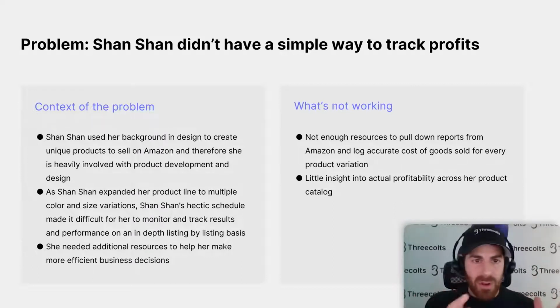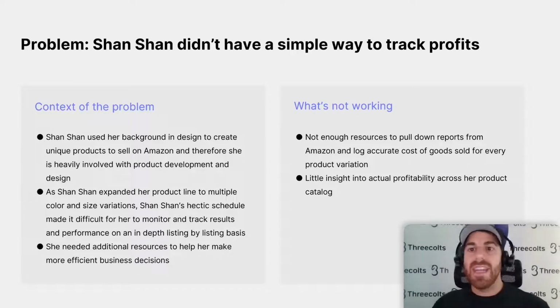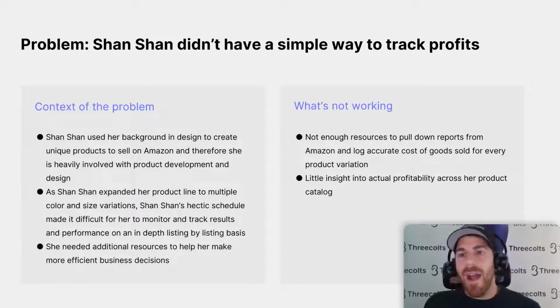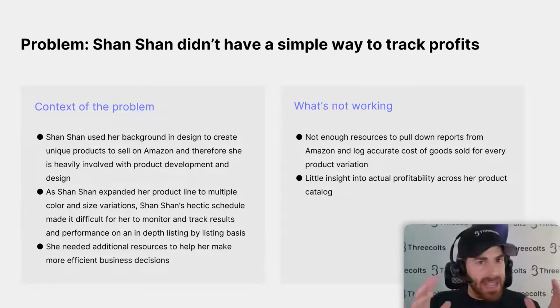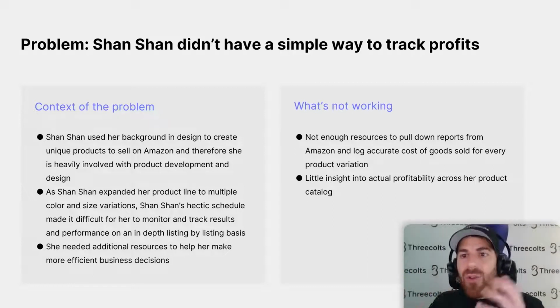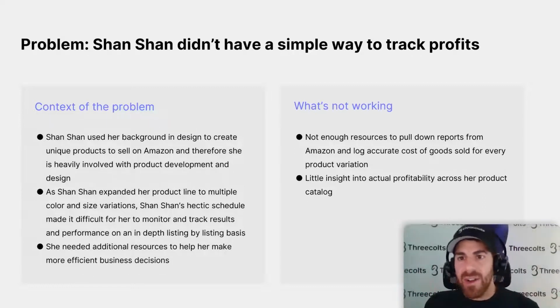Because she was focusing so heavily on using her skills at expanding her product line and the creativity side of things, and this is really a problem across the board in the Amazon world: when you're growing an Amazon business and you really focus on growing the business side of things, whether it's growing your product line or sourcing new product, having to do the manual downloading of all the data and piecing it all together to try to figure out, am I actually making money or not, becomes time consuming and takes away from actually growing the business.